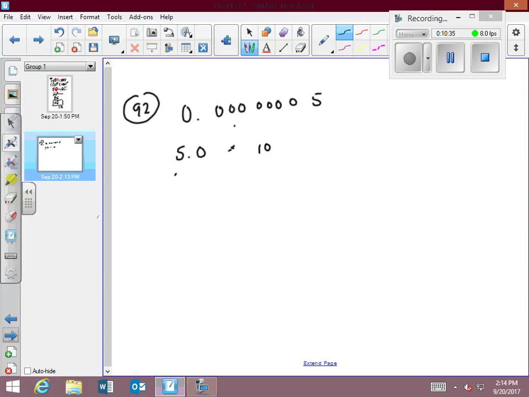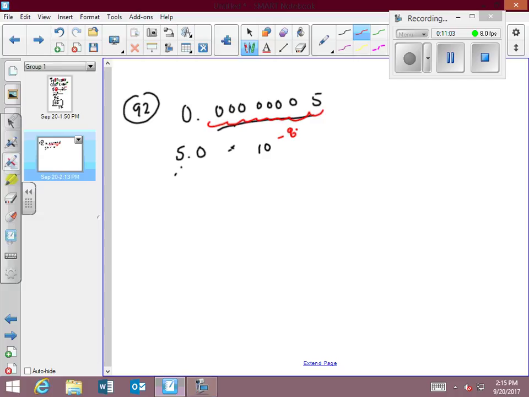So in essence, how many times would you have to divide 5 to get this number up here? And you do that by counting the decimal places. So I go 1, then I move 2, 3, 4, 5, 7, 8. And I have to divide by 10 8 times to get the decimal place back.